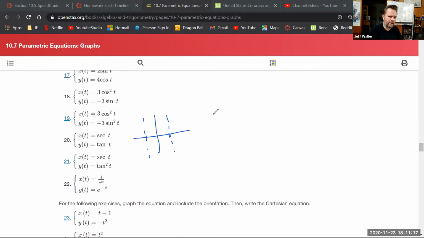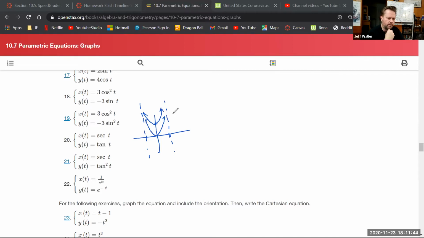Now it's squared, so it's going to look like this. So tangent squared has a shape that looks more like secant does, because of course secant sits on top of cosine. So secant's going to look like this. And they have the same problem areas, which is really interesting.